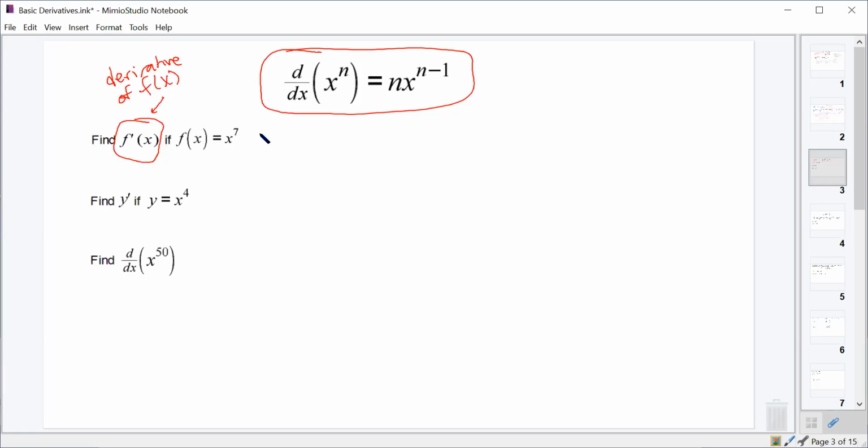And if f of x is x to the 7th, using the power rule, the power comes out to the front, right? And then we have x to the 7 minus 1. Or the derivative of x to the 7th is 7x to the 6th. Good or no?